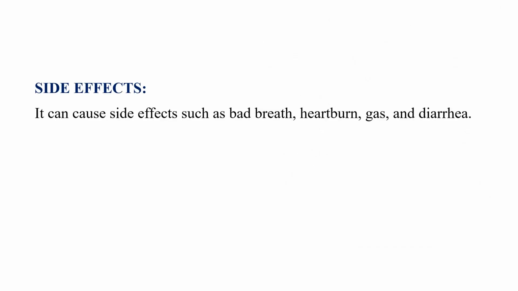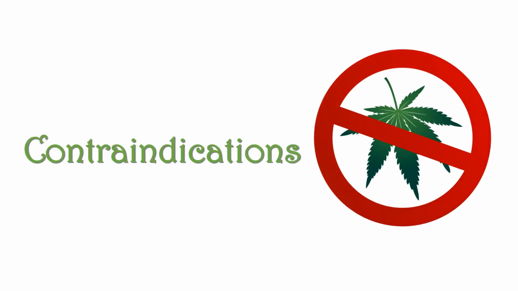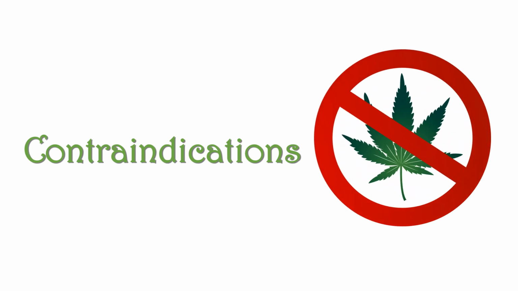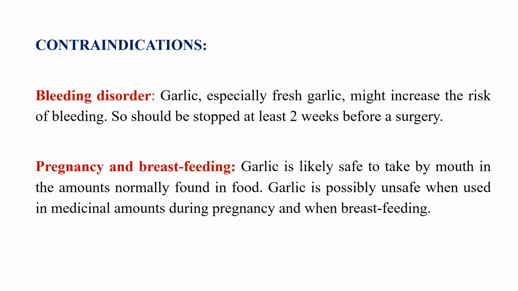Side effects, as I previously explained in the last slide: it causes side effects such as bad breath, heartburn, gases, and diarrhea. They are mild side effects. Contraindications. Garlic should be contraindicated or used cautiously in the following diseases.